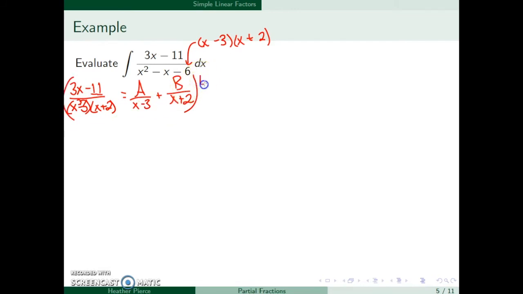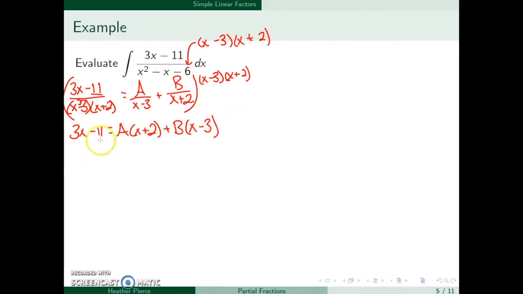Multiplying both sides by the denominator, x minus 3, x plus 2, gives 3x minus 11, which is equal to a times x plus 2, plus b times x minus 3.